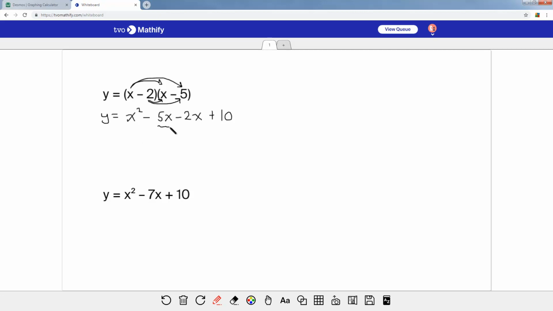And maybe we'll change the colors here, like terms. So there's only one quadratic term, the x squared at the beginning. So negative 5x and negative 2x combine to give me negative 7x plus 10. And notice that this is exactly the same equation in standard form down here.